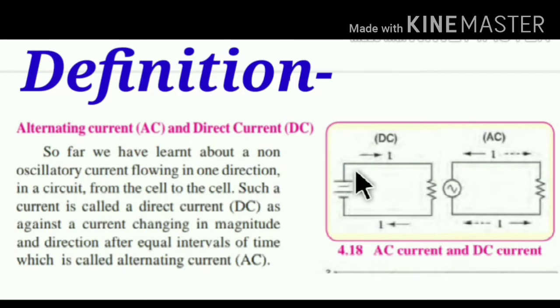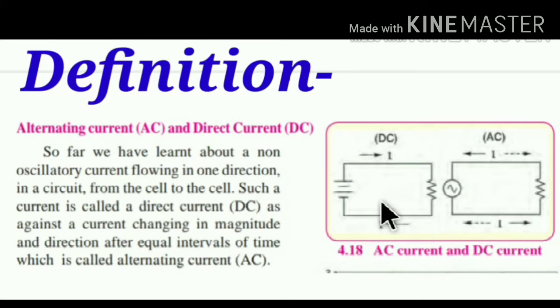So current flows in this direction, from this cell to this cell. This is the direction of the flow of current. Hence, a non-oscillatory current flowing in one direction in a circuit from cell to cell is called direct current.